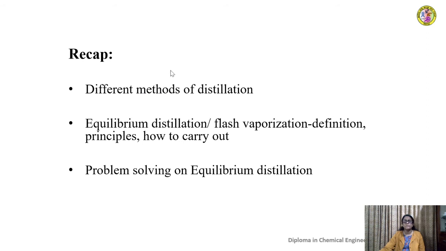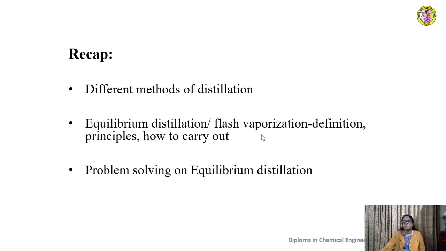So we also learned what the difference is between the three methods of distillation. Then we discussed what is meant by equilibrium distillation or flash vaporization, what principles are involved in this type of distillation, and how we can carry it out.